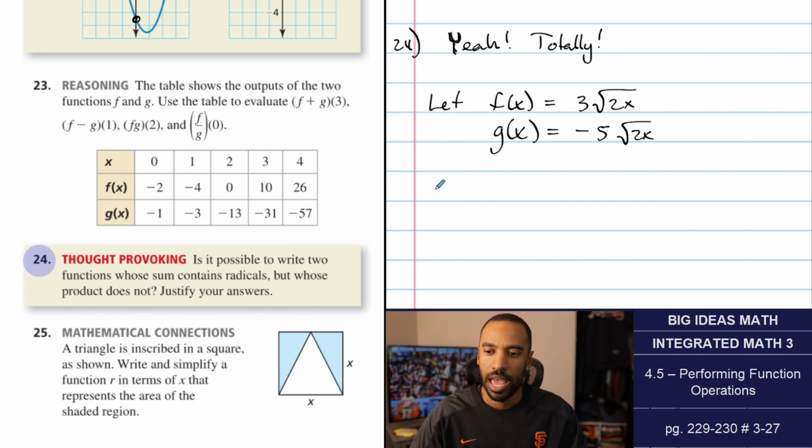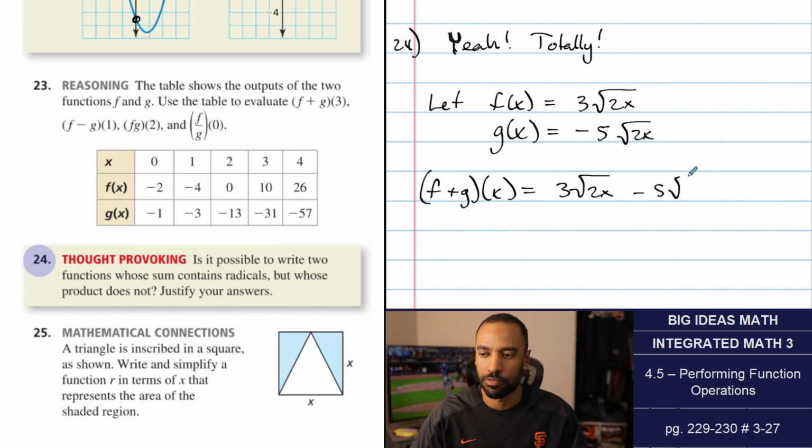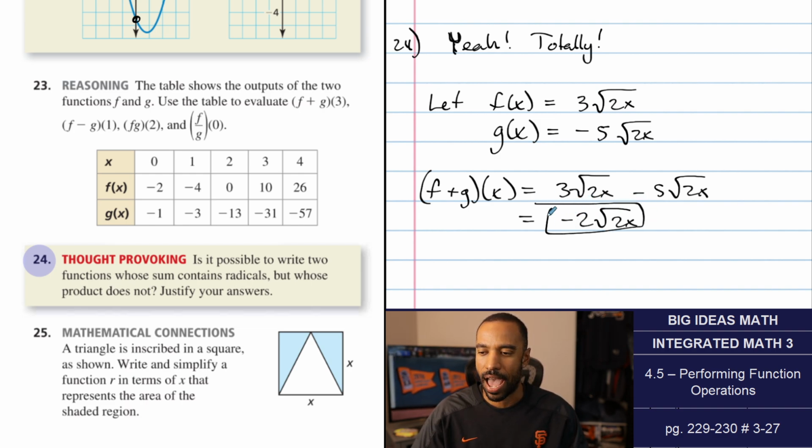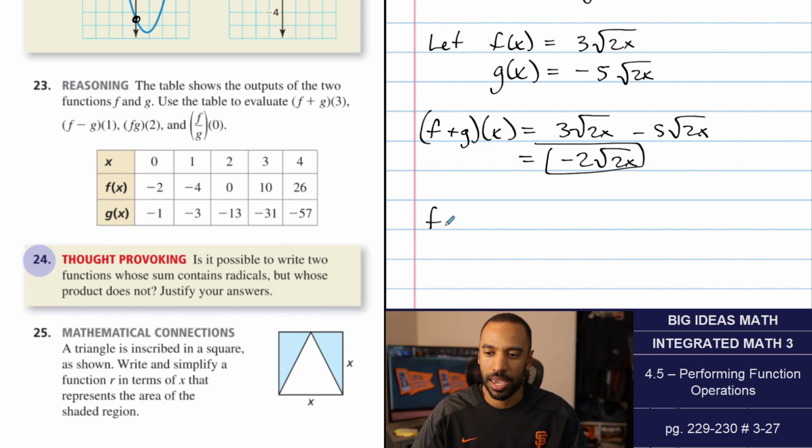So here we go. F plus g of x, remember, that's f of x plus g of x. That's 3 root 2x, plus negative is minus, so minus 5 root 2x, and that's negative 2 times the square root of 2x. So there's a radical. Now let's multiply them.